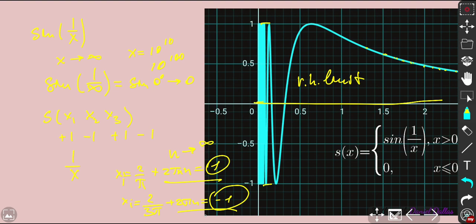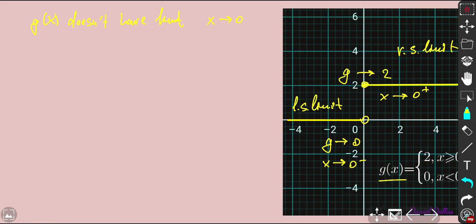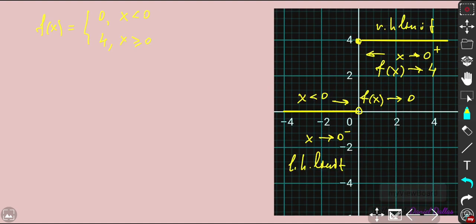Okay, so hope you understand this concept, and hope you got basically 3 categories of functions which fail to have limits. First, a jump function, or unit step function, which has a gap, and we explored it from the position of one-sided limits.